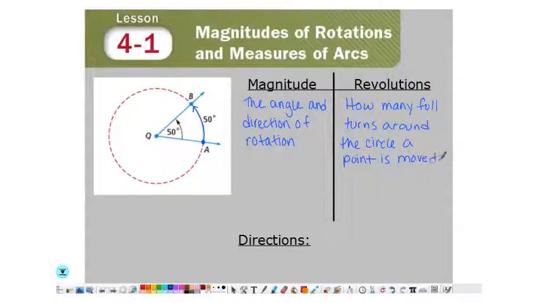So it doesn't have to be a whole number of revolutions. It can be a fraction. It could be an improper fraction. It's just how many times around the circle you go.